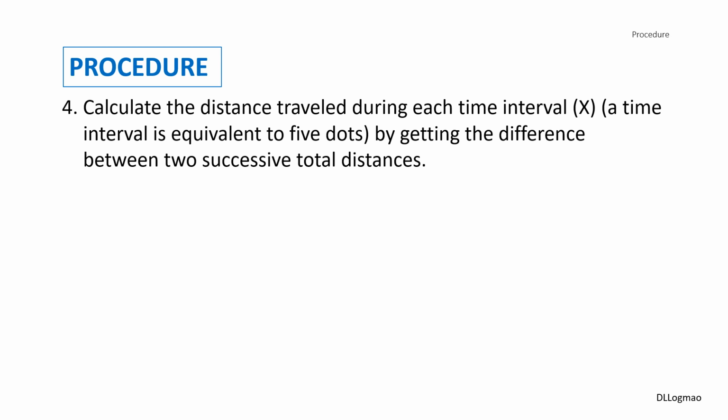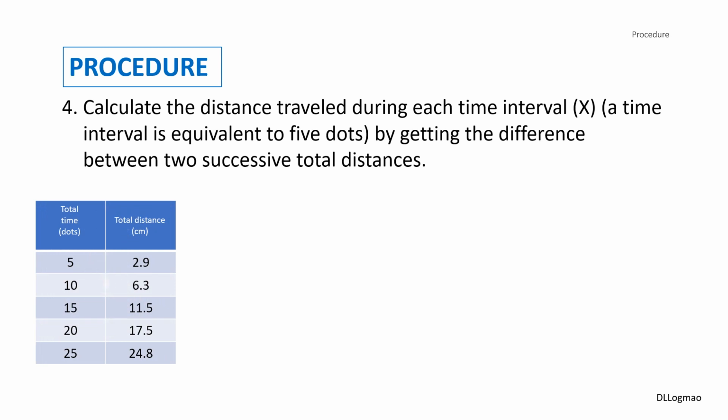Step number 4. Calculate the distance traveled during each time interval, x. A time interval is equivalent to 5 dots, by getting the difference between two successive total distances. In the table are the columns for the total time and the total distance measured earlier.